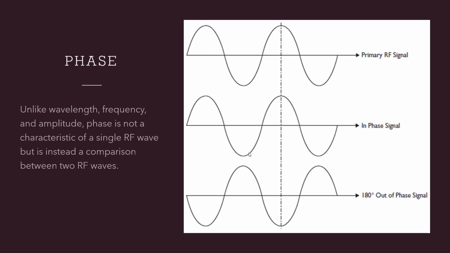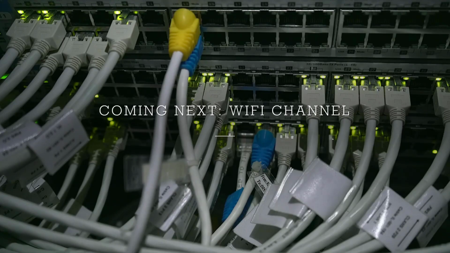When we do an antenna design, we look at how to ensure that the antennas produce in-phase signals and so on. So typically, this will lead to my next video. In my next video, I'll be talking mostly about Wi-Fi channels. What are the channels available?